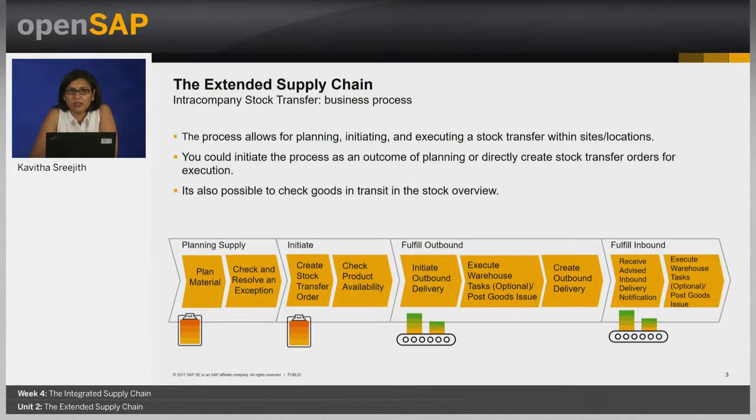As we discussed earlier, you could also start the process from the creation of the stock transfer order directly instead of starting this via the planning run. We shall see each of these steps in the system demo shortly.